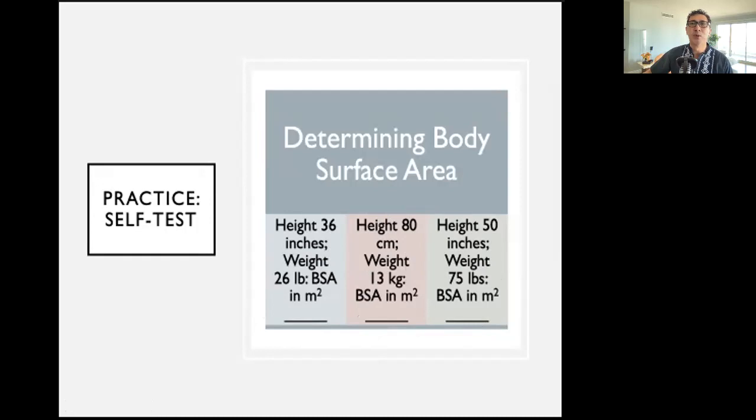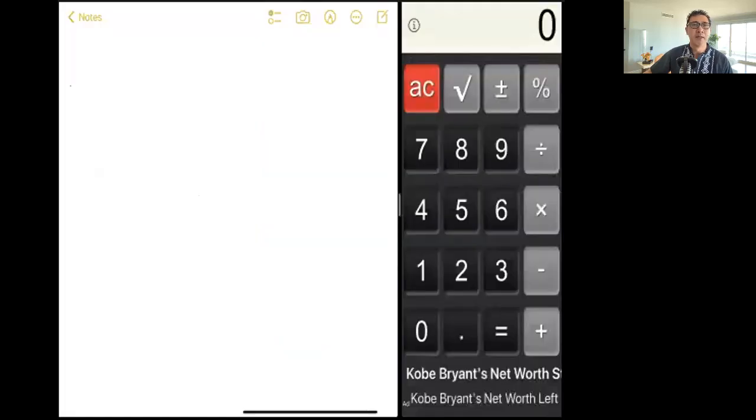Let's start with number 1. Height 36 inches, weight 26 pounds. Let's solve for the body surface area. Just like with any other problem, I'd like to write out my formula so I can see it. I'm a visual guy, and it's a matter of plugging in some numbers.